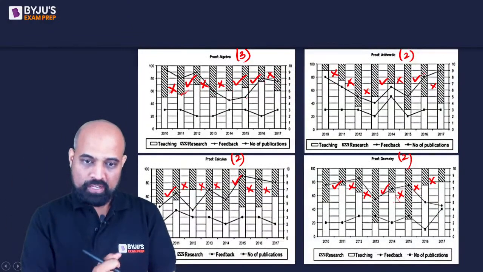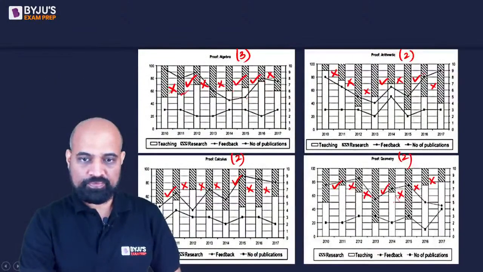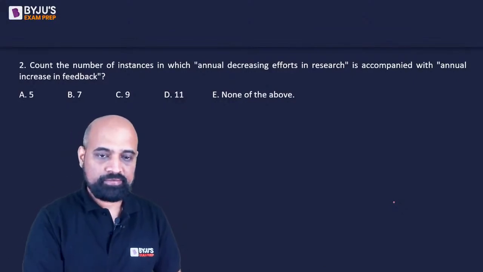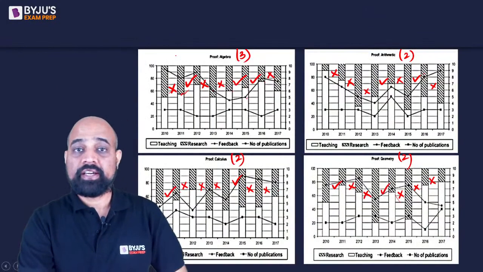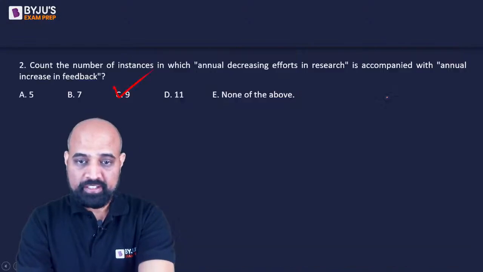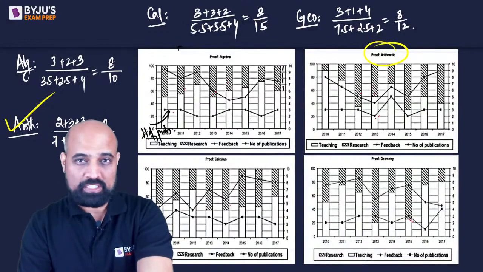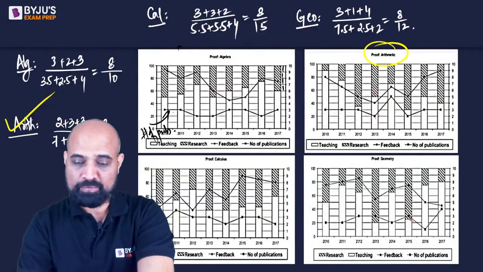So we have 1, effort increase, effort same, effort decreased, and effort, okay. So this is going to be 9, right? 3, 2, 2, 2, 2. So verified, there is no mistake here. So a silly mistake made me go through these values again. So feedback or number of publications में गड़बड़ हो गया.